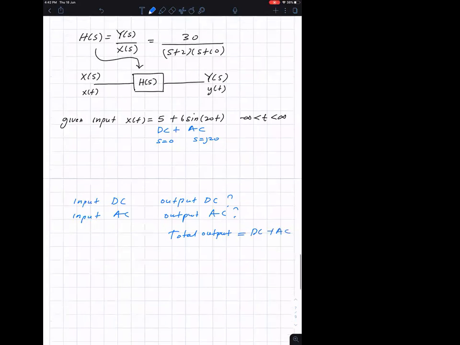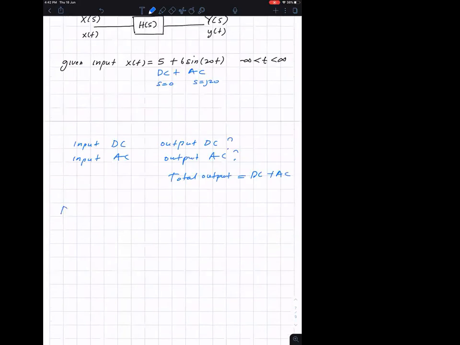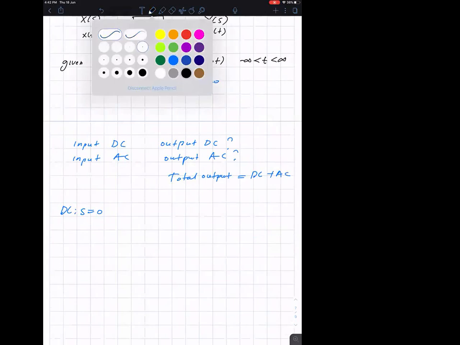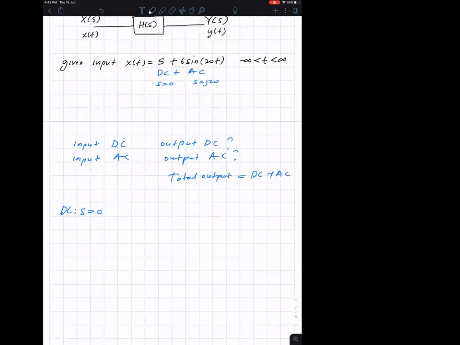So now look at DC. For DC, s equals 0, right? So we plug that into the transfer function with s equal to 0.